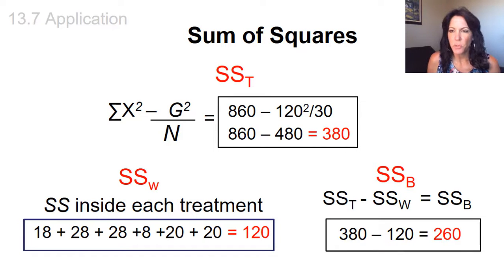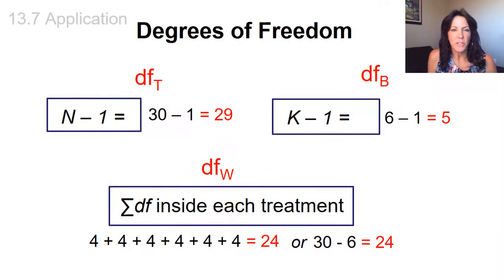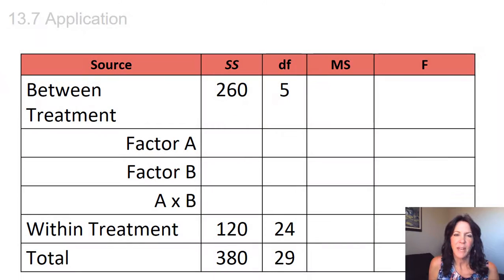And the sums of squares between, we just figured out what was left over. For degrees of freedom, this is a reminder of what we've just done as well. And now I have everything on the actual Anova tracker. So we have our between treatment, our within treatment and total for sums of squares and degrees of freedom. We've done stage 1 now.